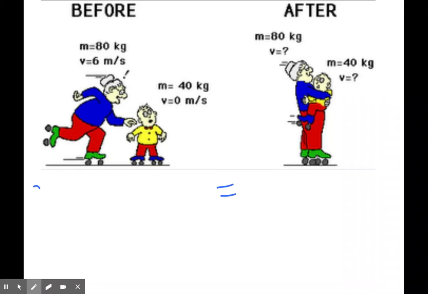So grandma's mass is 80 and her velocity is 6, plus the little boy, his mass is 40 and his velocity is 0. So if we do 80 times 6, our total momentum over here is 480. Afterwards, if she's holding him, they're all one unit, their velocity is going to be the same.